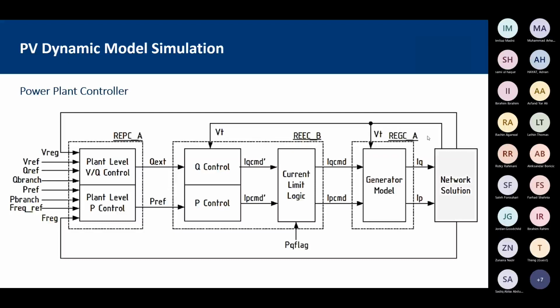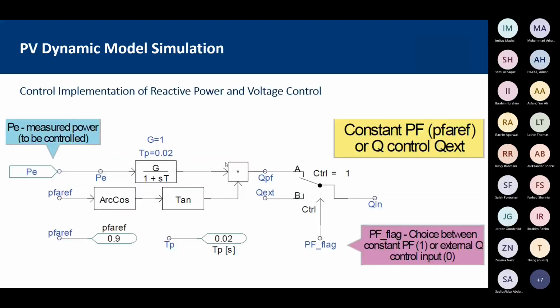And then in this REGC, this is a generator controller. It is implemented for the grid interface, like under and over voltage scenarios. And then it enables non-linear current control capability, so that when there is a disturbance in the grid, it can generate those non-linear currents and maintain its operation.